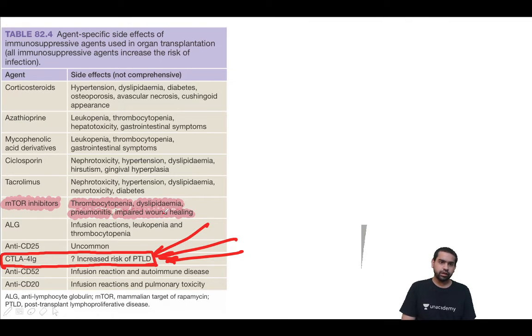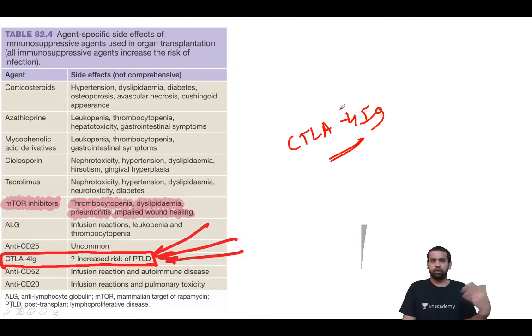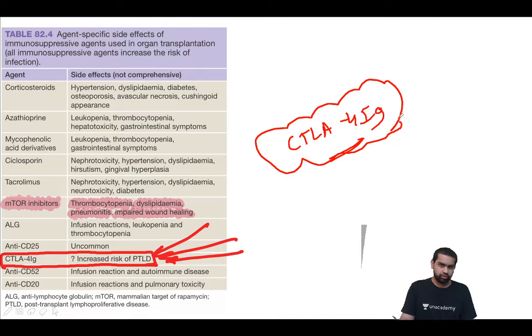So please understand, there is something which is called a CTLA4 immunoglobulin receptor. This is basically used as one of the treatment options, which I'll show where it is used. But please understand, this is a new drug which is coming up, and it is a very promising drug. Why?